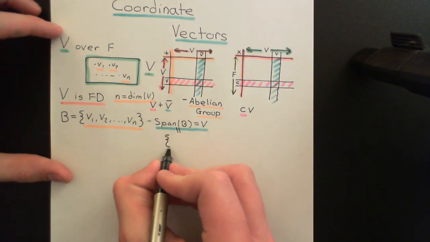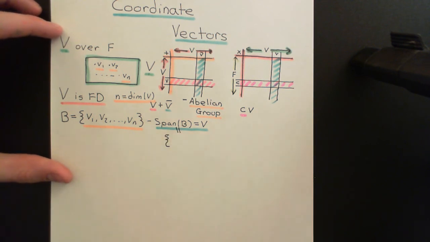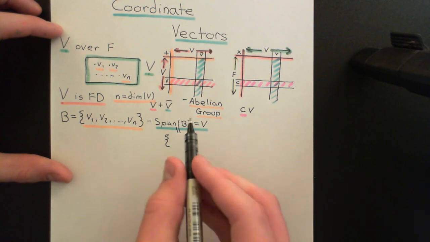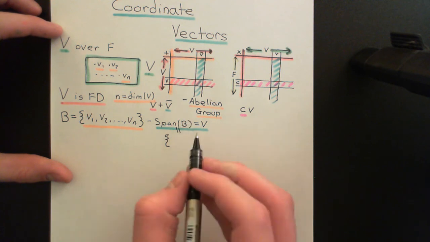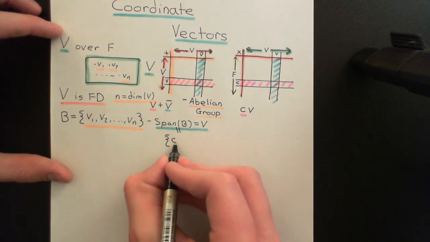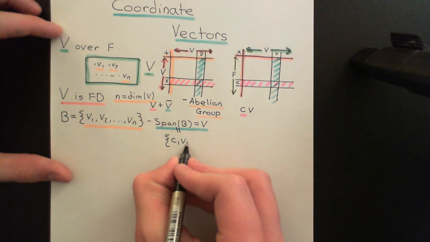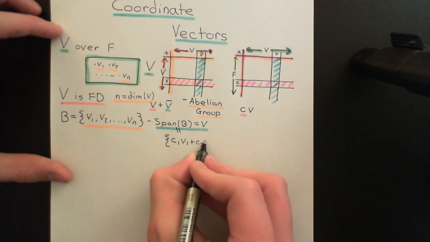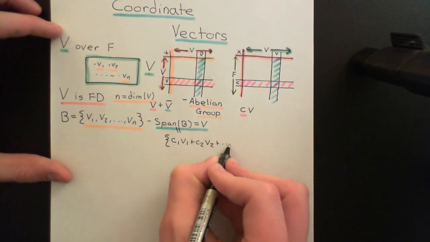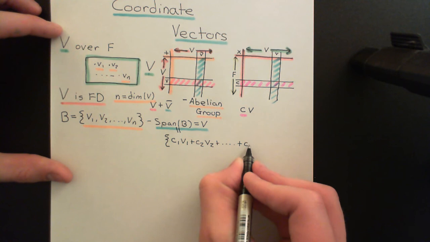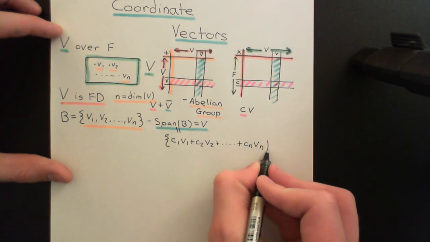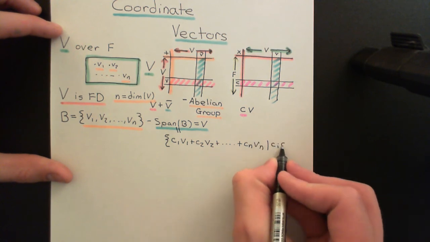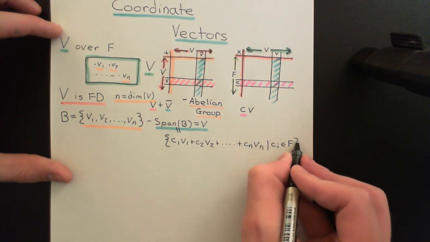I'll remind you that it means the set containing all linear combinations of the vectors in this set, capital B. So it means all things of the form c1 times v1 plus c2 times v2 plus all the way up until you get to cn times vn, where the ci's are elements of the field, capital F.